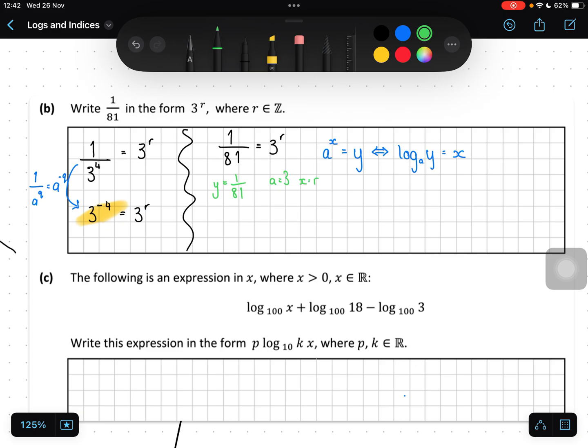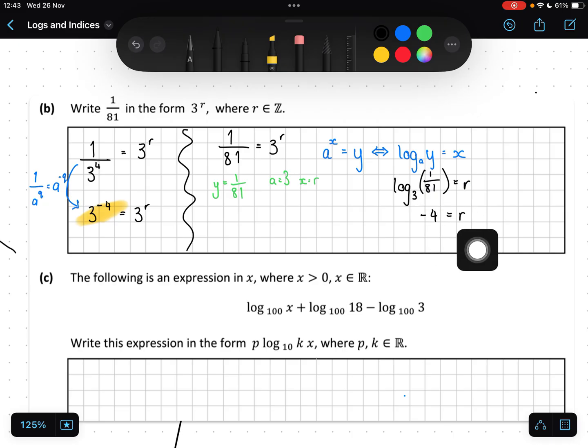So if I sub that into this log rule, I will get that log with a base 3 of 1 over 81 is equal to x or is equal to r. So basically 3 to the power of what is 1 over 81, which is what the question asked. Put it into your calculator and we get minus 4 is equal to r.